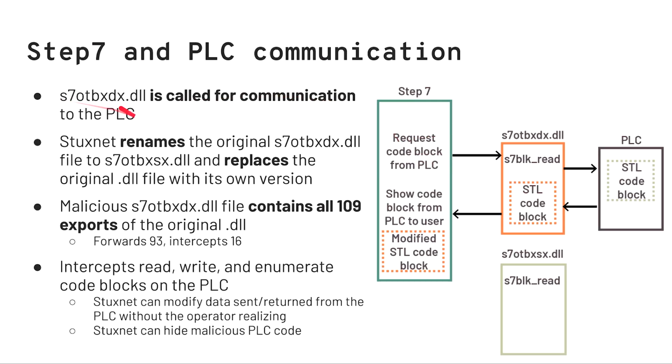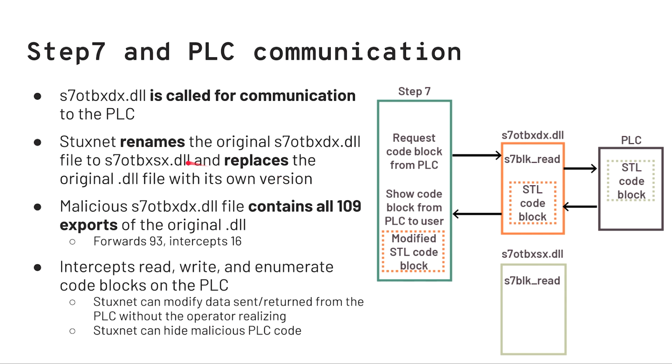So this file I mentioned before is called for communication to the PLC. You have your code, the Windows machine running Step 7, and the PLC. Whenever you want to read PLC code, you would call the DLL, for example, S7 block read, to read from the PLC and see it in the software.